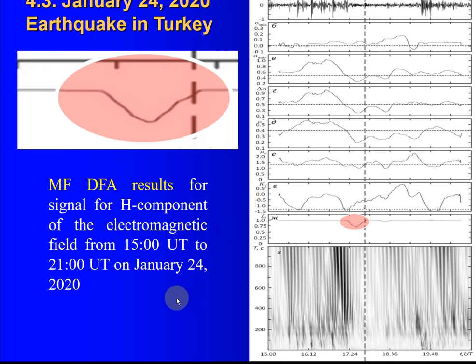And the last sample of applying multifractal analysis which we can analyze is variations of the geomagnetic field which were recorded during the earthquake in Turkey.